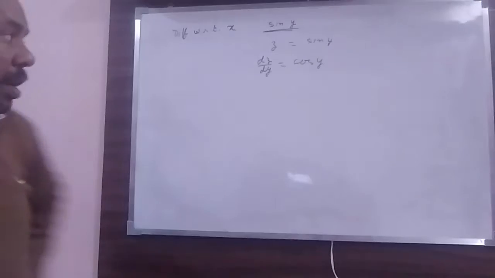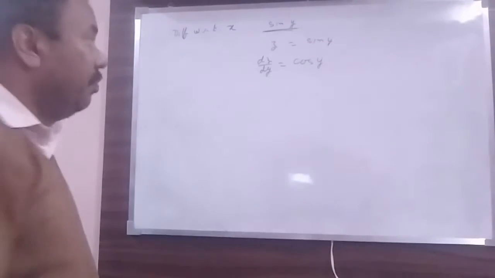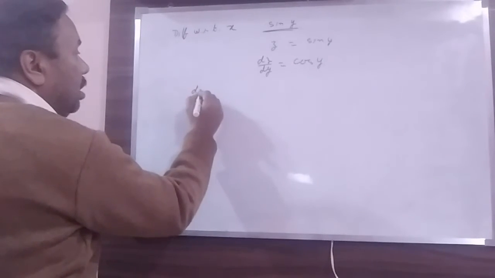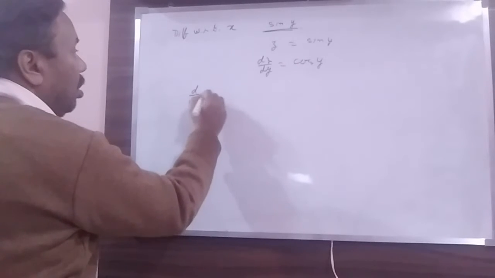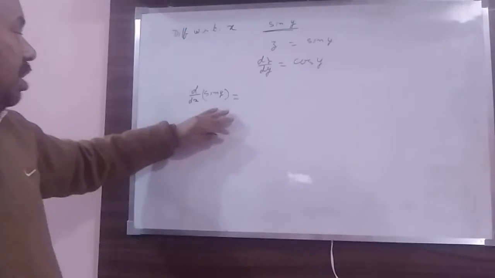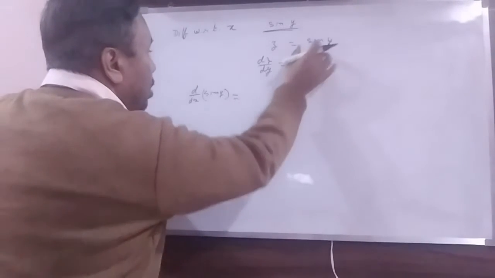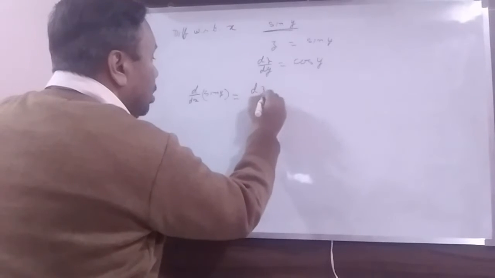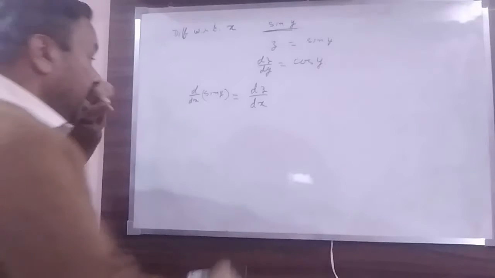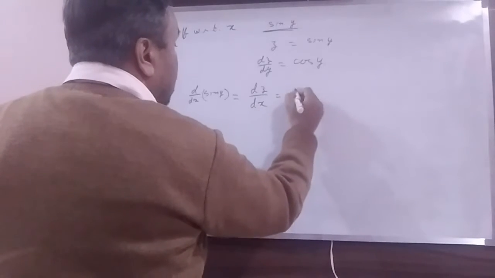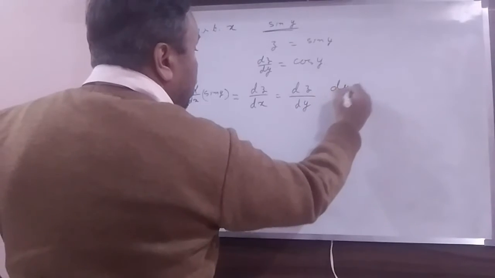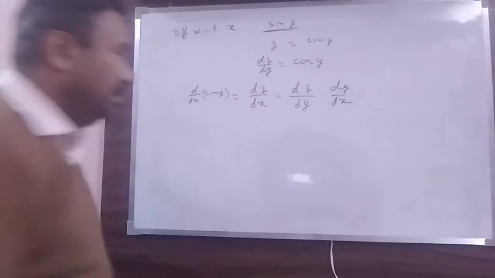Now what do I have to find out? I have to find d by dx of sine y. That means sine y is z, so I have to find dz by dx. Instead of dz by dx, I can write dz by dy multiplied by dy by dx.